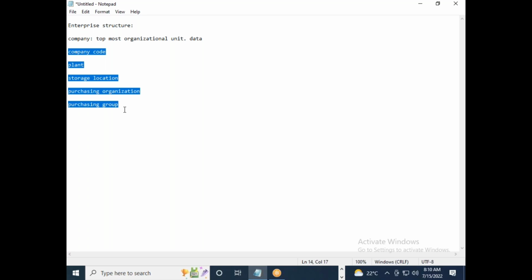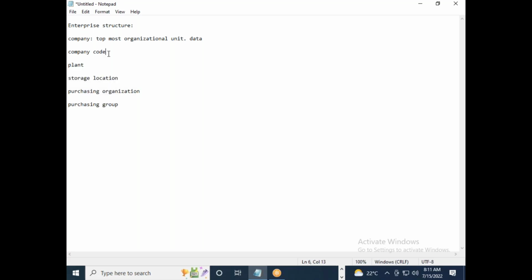So that is the definition of a company. A company is the topmost organizational unit in the SAP system, and whatever data we maintain at the company level will be applicable to all the remaining organizational units.